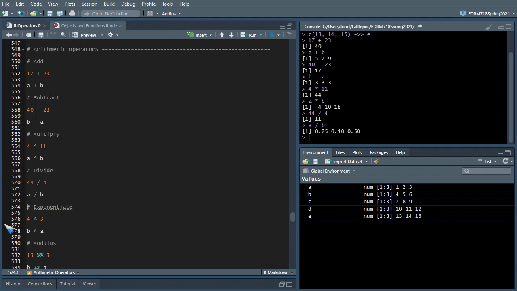So 4 to the third, 4 raised to the third power, which is, of course, 4 times 4 times 4, 64. If we take B raised to the A power, that's going to be 4 to the first, 5 to the second, 6 to the third. So you can see the consistency with these vectors. Each corresponding element is going to have an arithmetic function performed element by element.